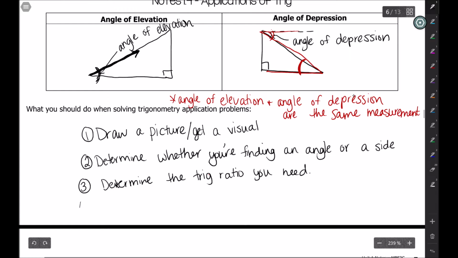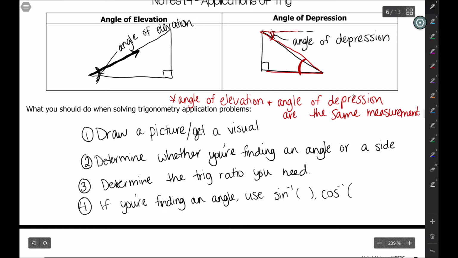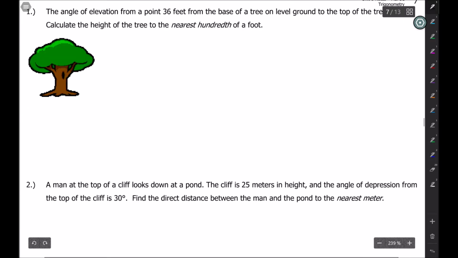And then lastly, if you're finding an angle, don't forget to use inverse sine, inverse cosine, or inverse tan. Okay?